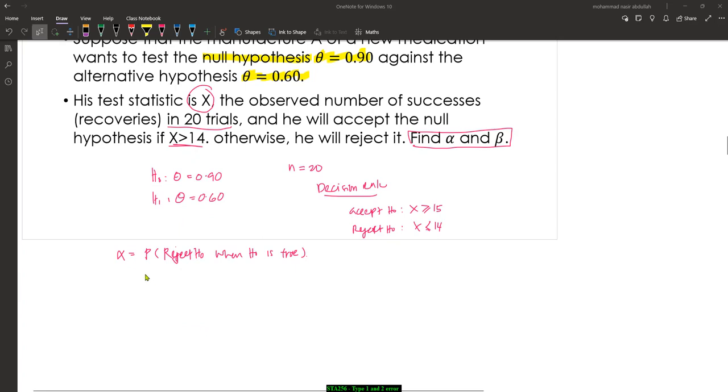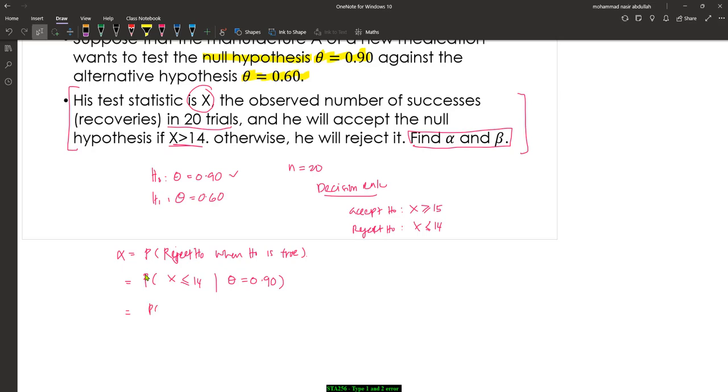So let's make it into a mathematical form. Reject the null hypothesis when X is less than or equal to 14, given that the null hypothesis is true, which is theta equal to 0.90. So this is the condition. Since from this statement we know that this is a binomial problem, we need to calculate the probability using a binomial distribution.